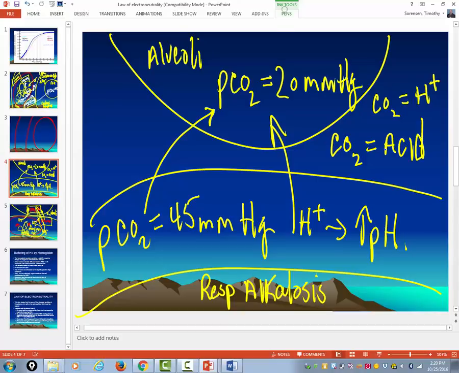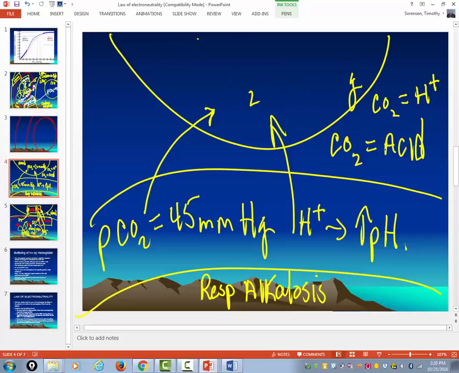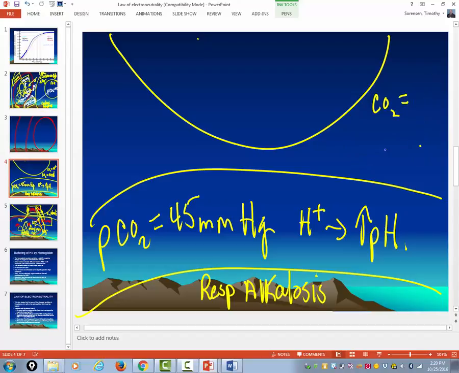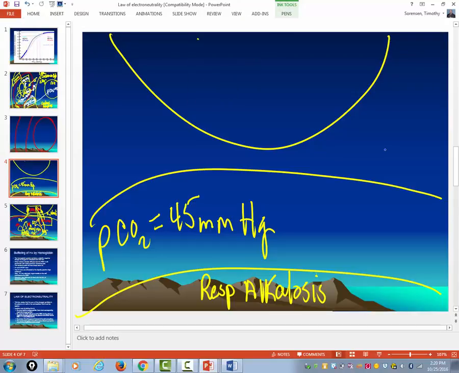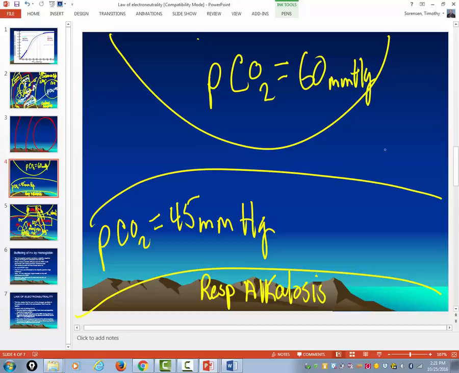Now, on the other hand, let's say, for example, that you are not breathing as well as you should. Then you won't be able to get rid of CO2, so the PCO2 in the alveoli is going to build up. Let's say that it's 60 now. So watch.